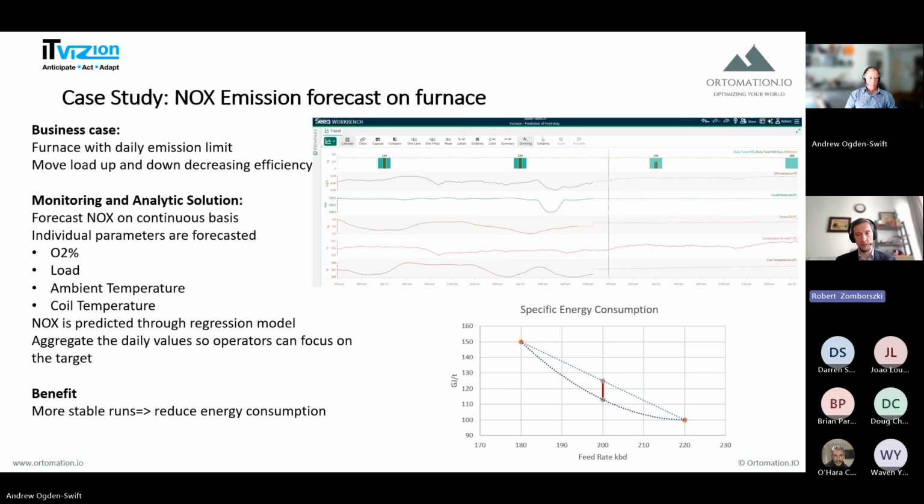There were no wide swings in the parameters or in the loads. The whole process resulted in a more stable run. This is, of course, also safer, but a more stable run also resulted in reduced energy consumption. And that way we could help them with this simple monitoring example.